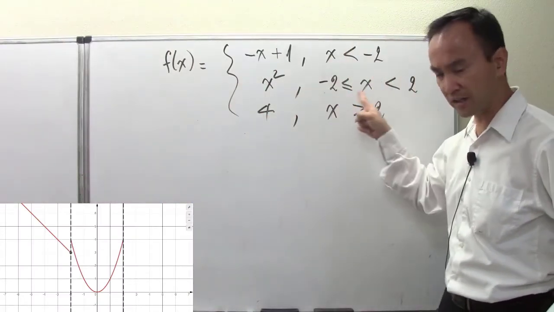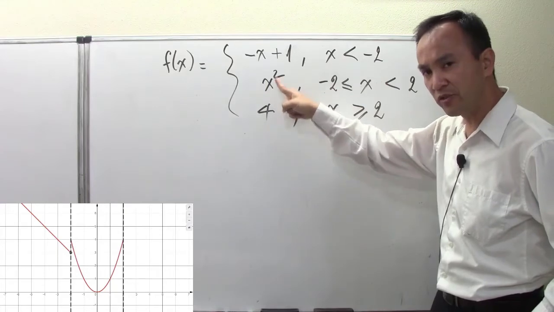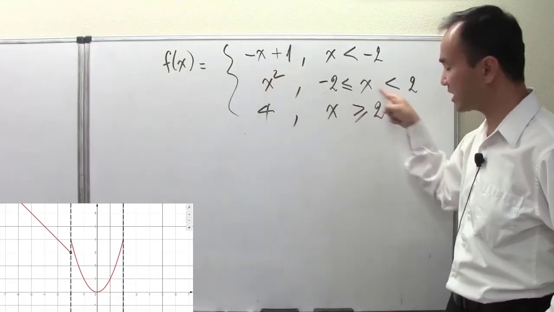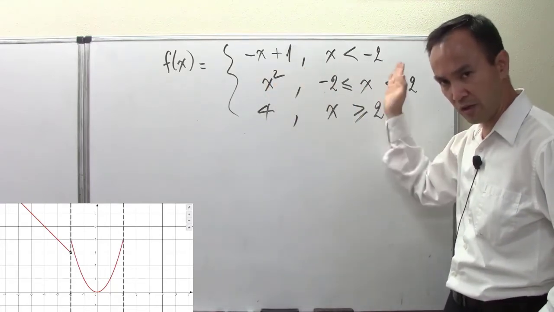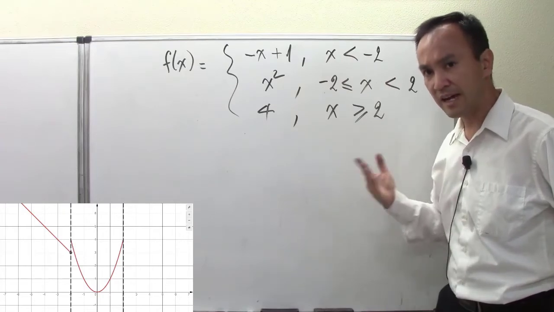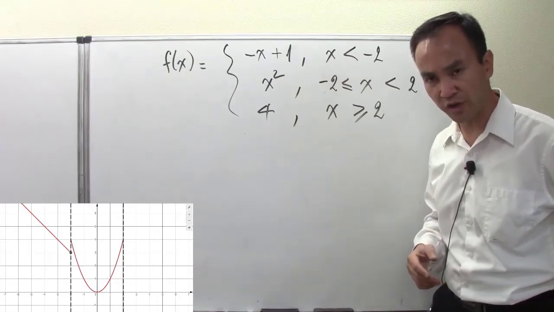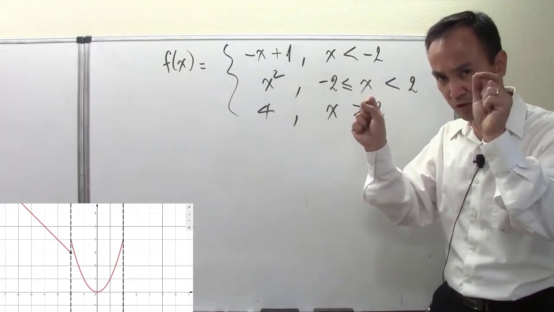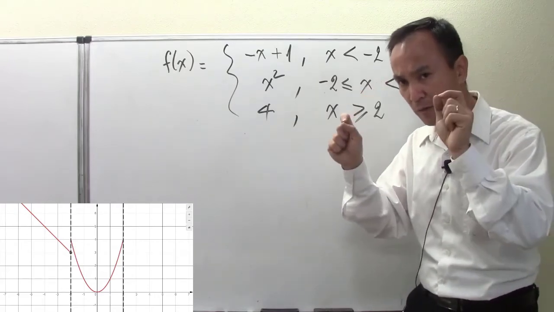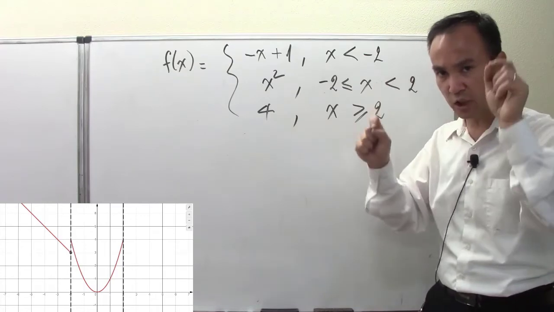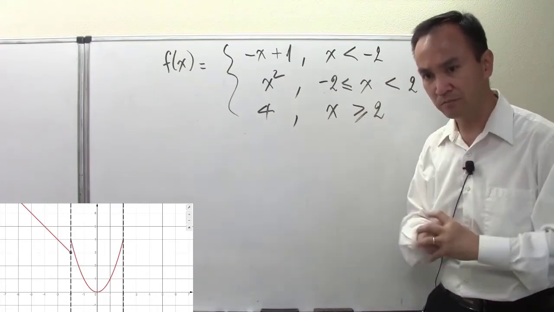We only want the parabolic shape inside of that zone, anywhere from negative 2 to 2. But that did not complete our graph yet, because we need to ask ourselves the next question: what about the two endpoints? Are we including both endpoints, excluding one of them, or excluding both?